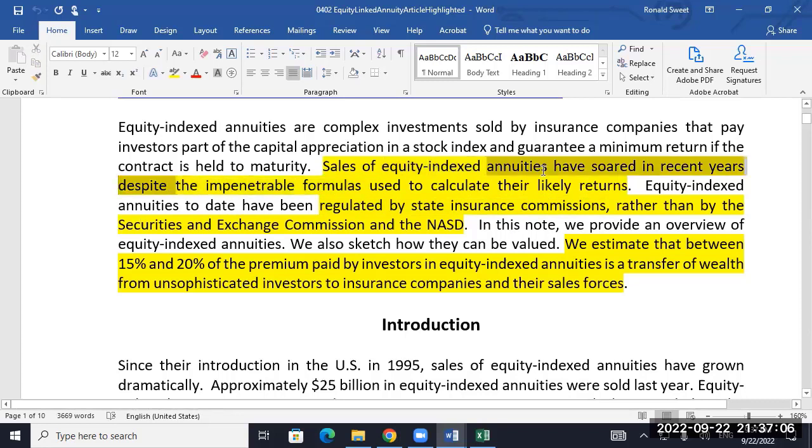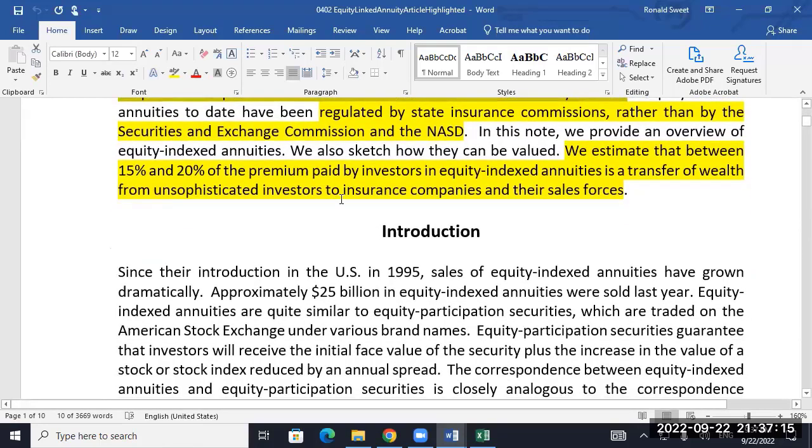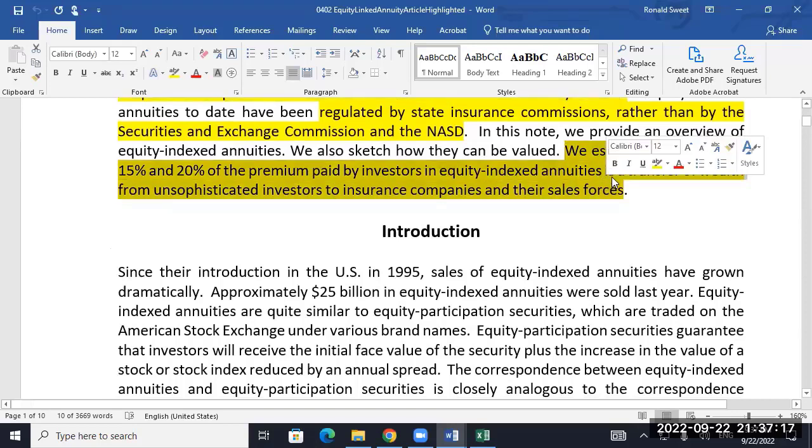You can see their argument here is these products are way too complicated, and I absolutely agree with them on that. Now, here's their argument. We estimate that between 15 to 20% of the premium paid by investors is a transfer of wealth from unsophisticated investors to insurance companies and their sales force.